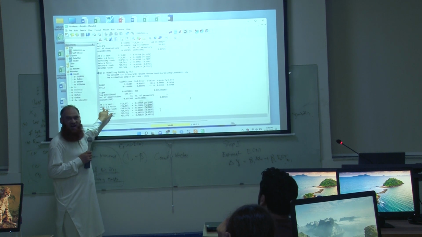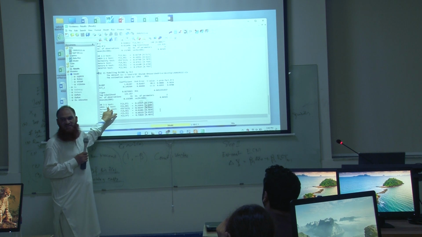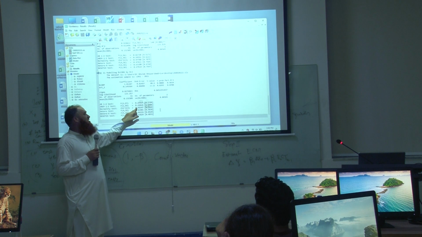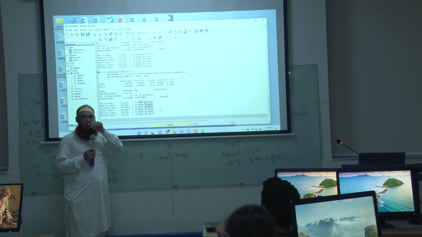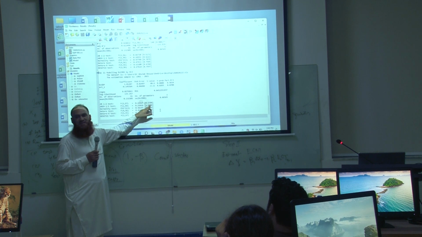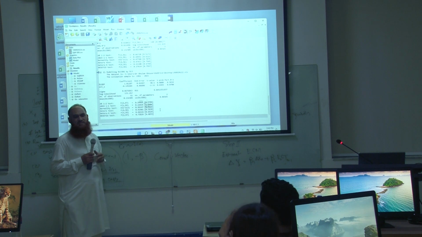This is the ARCH effect test, and the null hypothesis is no ARCH effect, and this hypothesis is also accepted because the p-value is large.